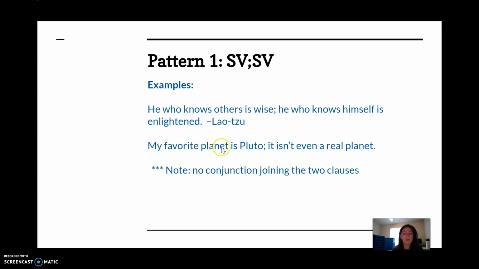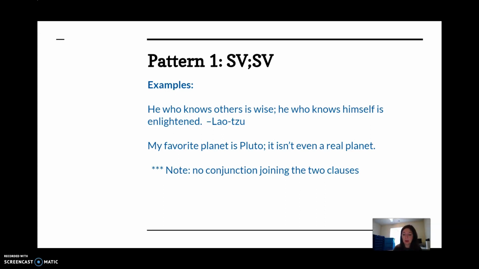Or you can write, my favorite planet is Pluto, semicolon, it isn't even a real planet. You can do one or the other, but you can't mix both. I should never see a semicolon and an and, or a semicolon and an or. Actually, I should never say never. There's one instance later in our syntactic lessons in which you would put an and with a semicolon, but it is a very special circumstance. Generally speaking, I should not see an and or any other FANBOY following your semicolon.